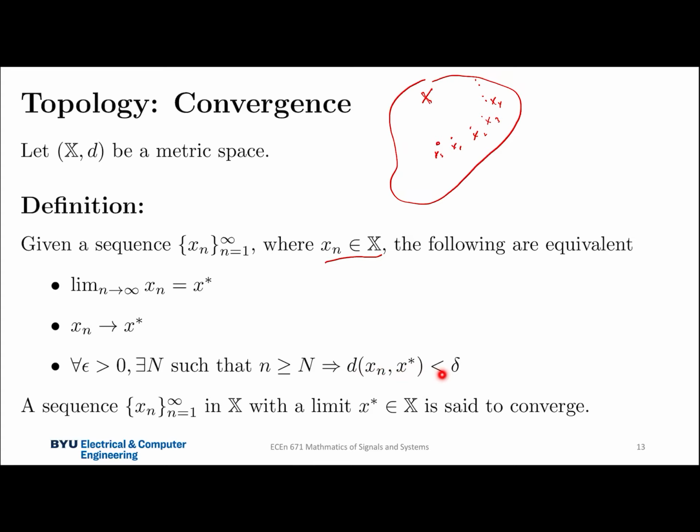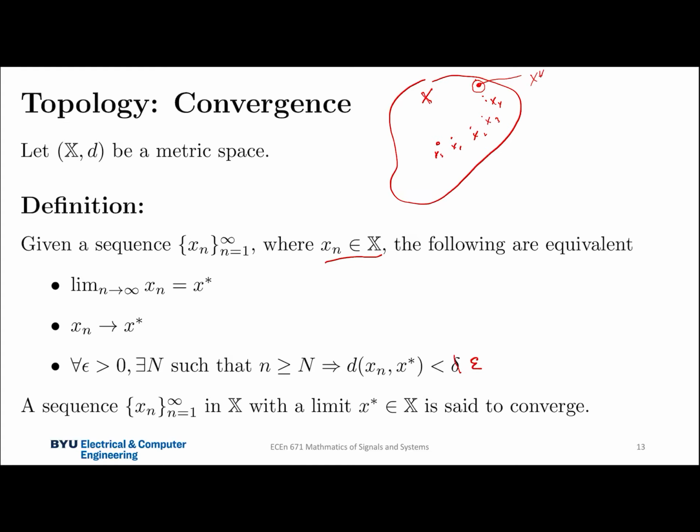Let's go back up here. We've got our sequence, and let's say there's some element x star. This is saying you pick any epsilon. This statement should be epsilon here.